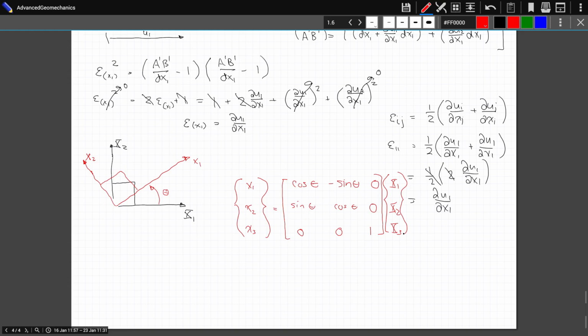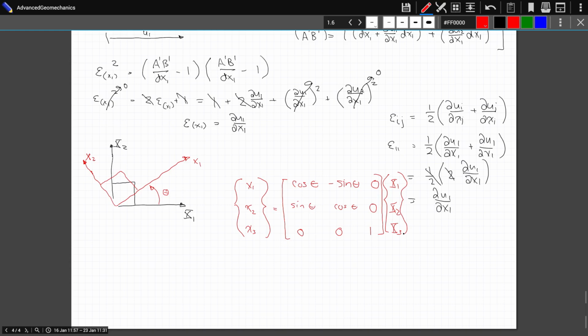Everybody okay with how I got to that? Basically just using the geometry. Writing x1 and x2 in terms of the big X1 and big X2 and the angle theta. So it's just a pure rotation. We're not straining that cube at all, just a pure rotation.